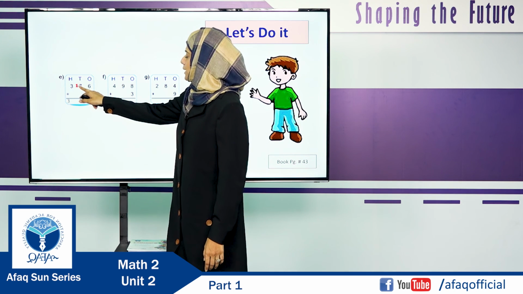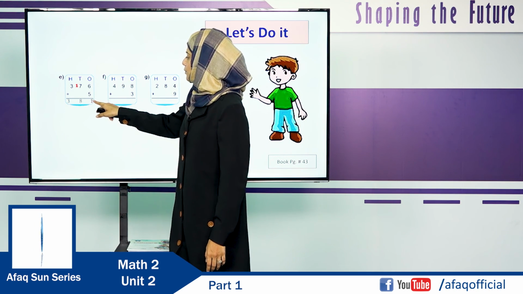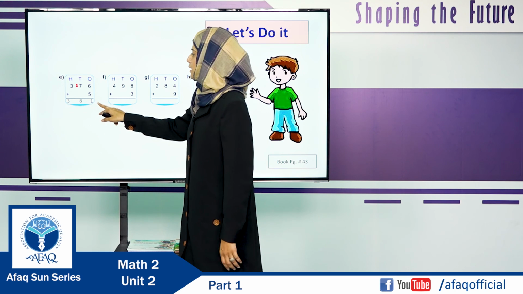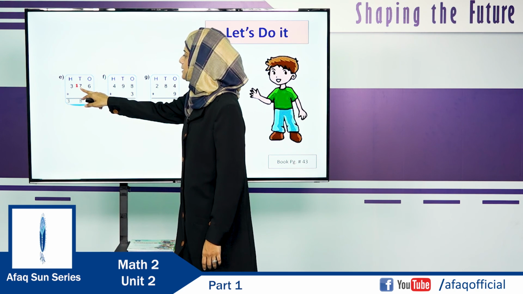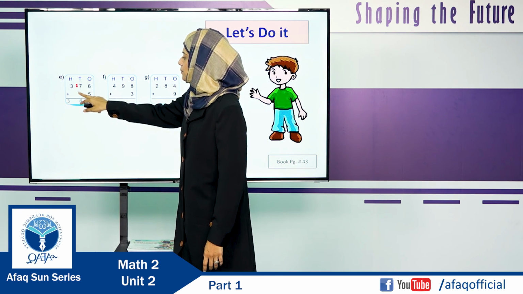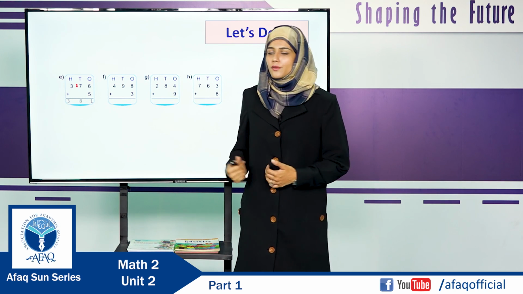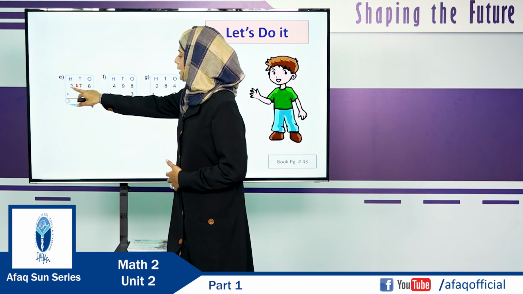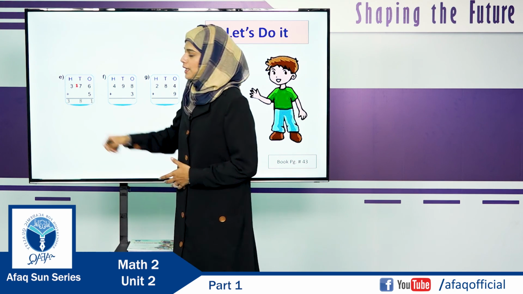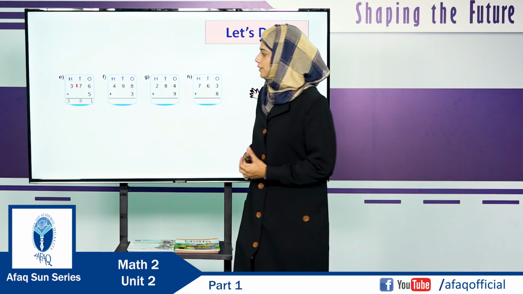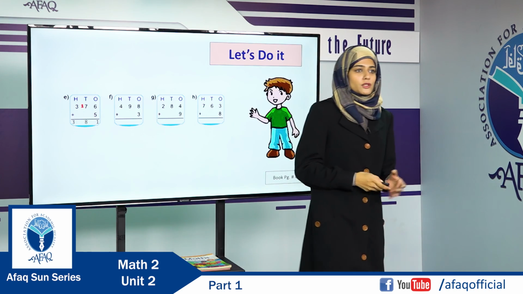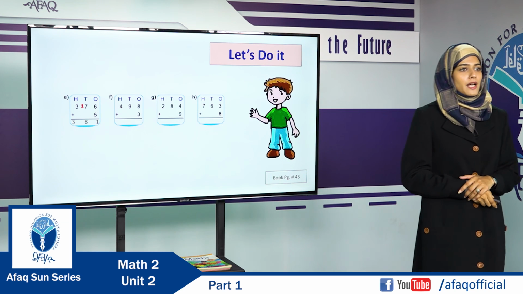Give 1 carry to the tens place and the remaining 1 right here on the ones place. Now we have to add tens. 7 plus 1 plus 0 is equal to 8. Now we move towards the 100 place. 3 plus 0 is equal to 3. The answer is 381. So solve the rest of the exercise on your own.